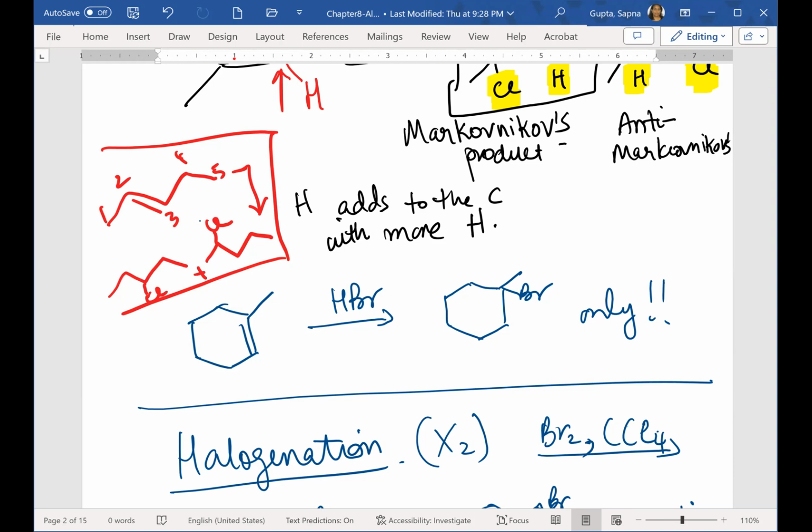Because there is no selectivity over here, because both of the carbons, 2 and 3, are equivalent, okay? So there is no preference, there is no Markovnikov. You will get an equal mixture of both of these products. So the Markovnikov you get only if the alkene is asymmetric, like it's shown over here with the cyclohexene, okay? So that's how you get this.